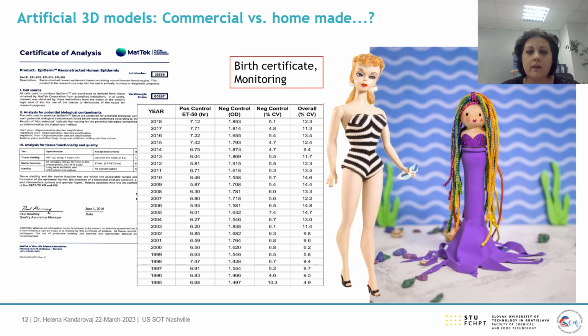If we are developing a new protocol that should aim for regulatory purposes, I would always go for a standardized model that is coming from a company that has established these tissue models for several years already. They are coming with certificates of analysis, with barrier properties checks, with a database of the quality testing, and one can really expect that the models that he or she will be getting for the studies have minimum variability.